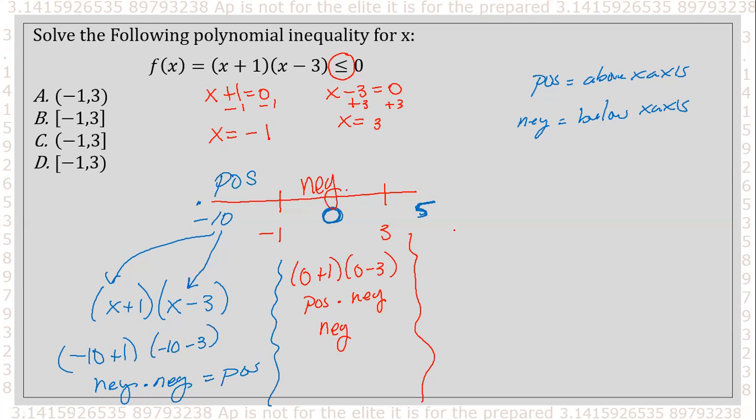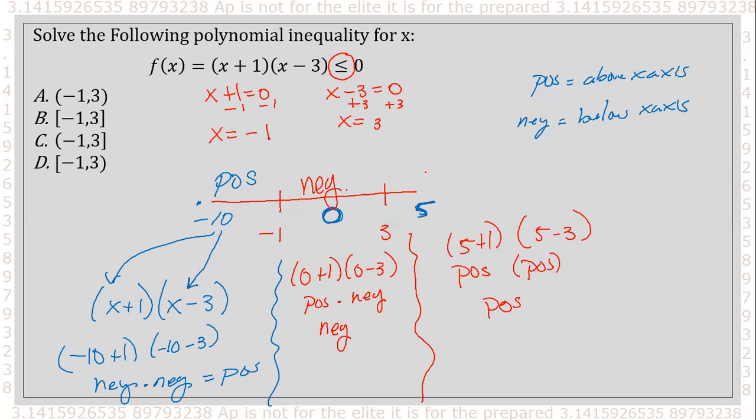Okay. Next, when x is equal to 5, we have 5 plus 1 and 5 minus 3. Over here we got a positive, and over here we have another positive. So positive times positive is positive.